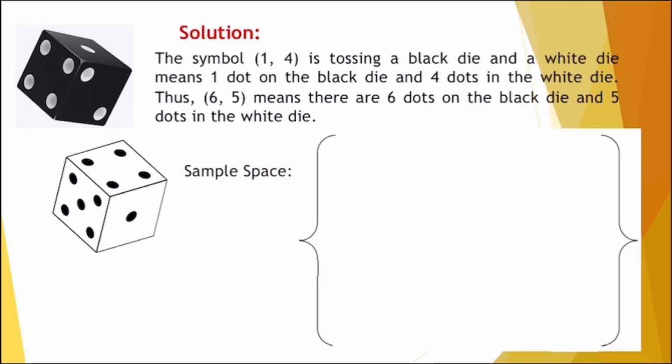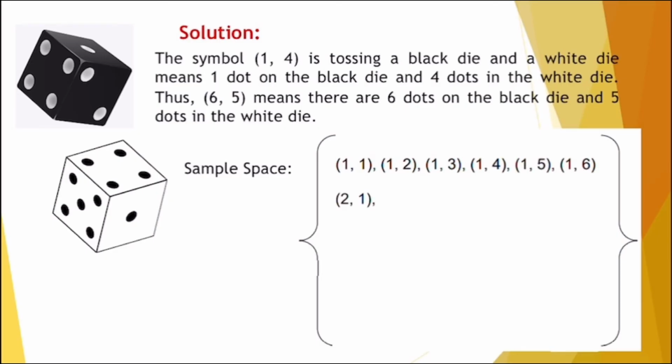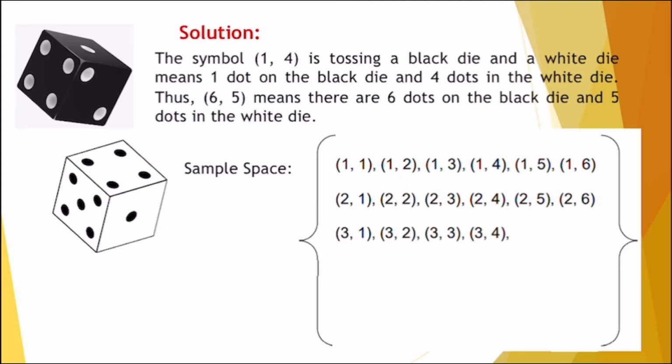We have 1 and 1, 1 and 2, 1 and 3, 1 and 4, 1 and 5, 1 and 6, 2 and 1, 2 and 2, 2 and 3, 2 and 4, 2 and 5, 2 and 6, 3 and 1, 3 and 2, 3 and 3, 3 and 4, 3 and 5, 3 and 6, 4 and 1, 4 and 2, 4 and 3, 4 and 4, 4 and 5, and 4 and 6.